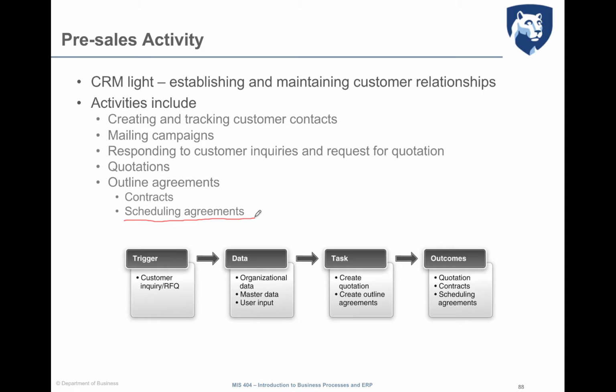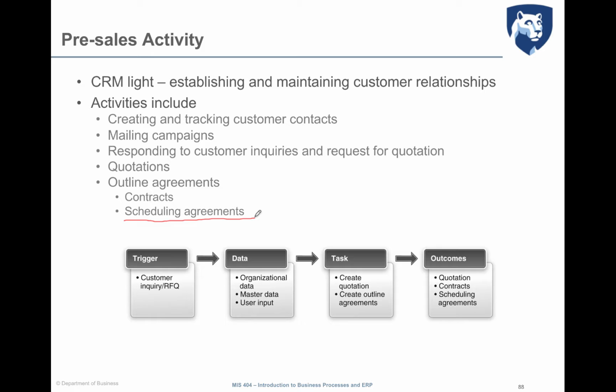On the contrary, scheduling agreements, also called outline agreements, are binding agreements made by the customer to purchase specific quantities or values of material. So on one side, in the quotation, the supplier needs to respect the conditions because the customer accepts the offer upon the information included in the quotation.